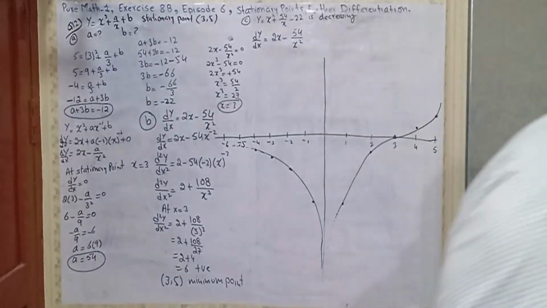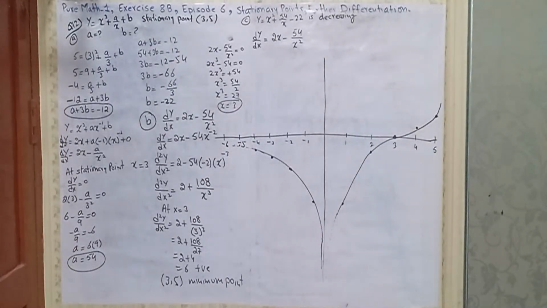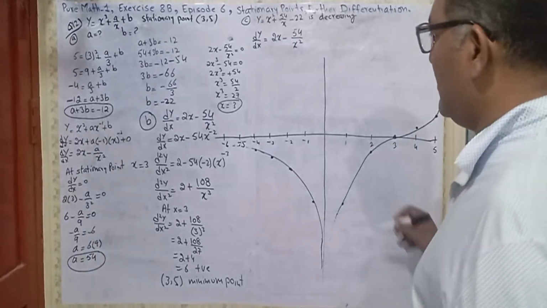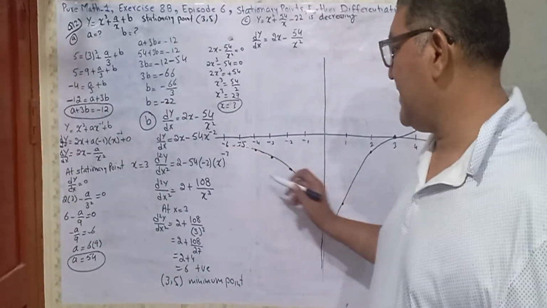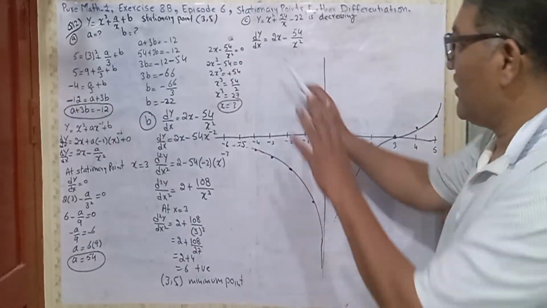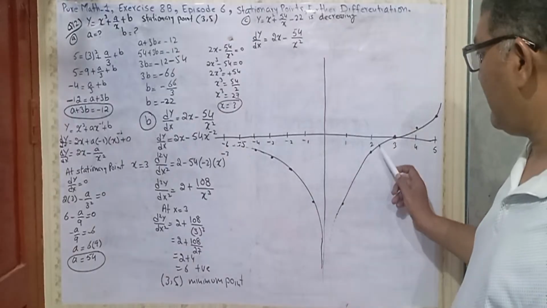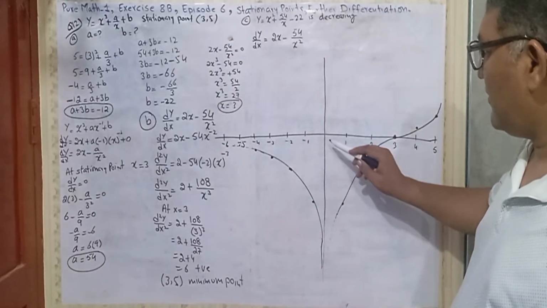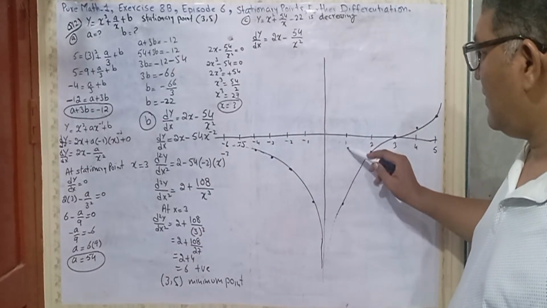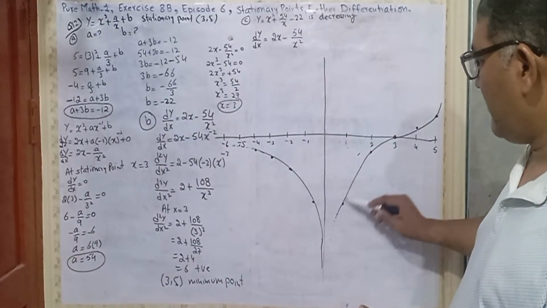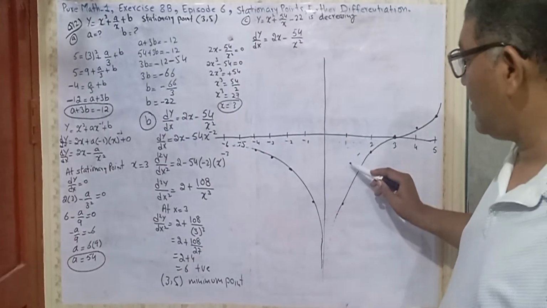So the graph is positive on one side and negative on the other. This is the graph for dy by dx. I tried till -6. So when is your dy by dx graph negative? Here you can see this portion. Your dy by dx graph is in the negative portion.